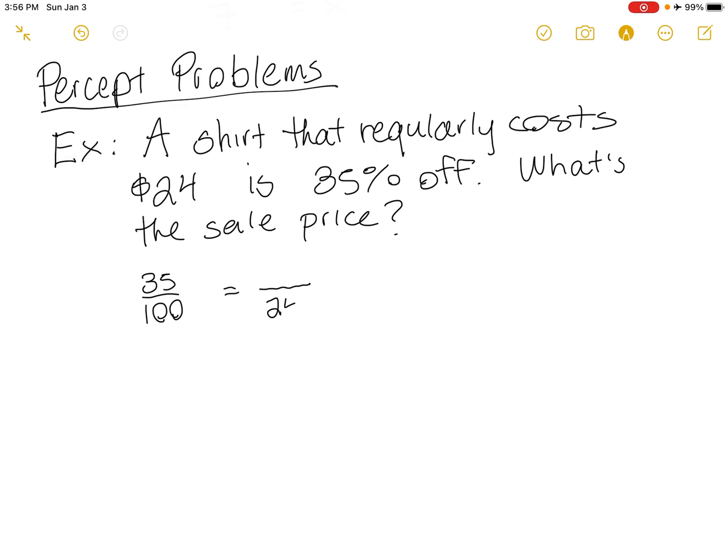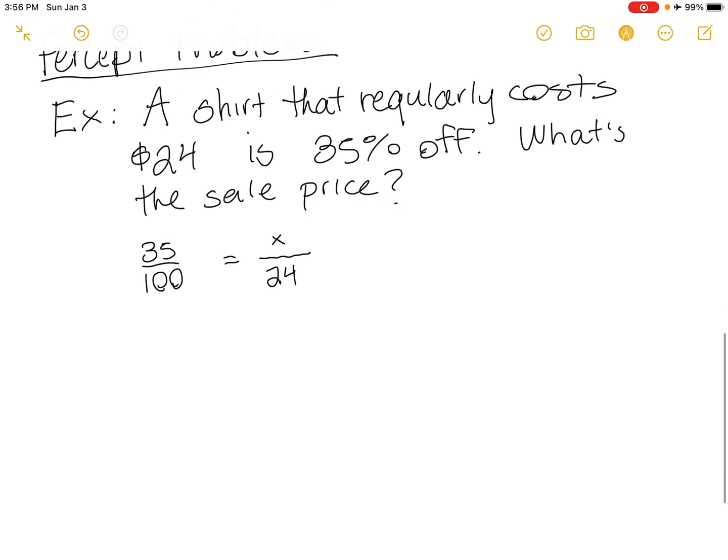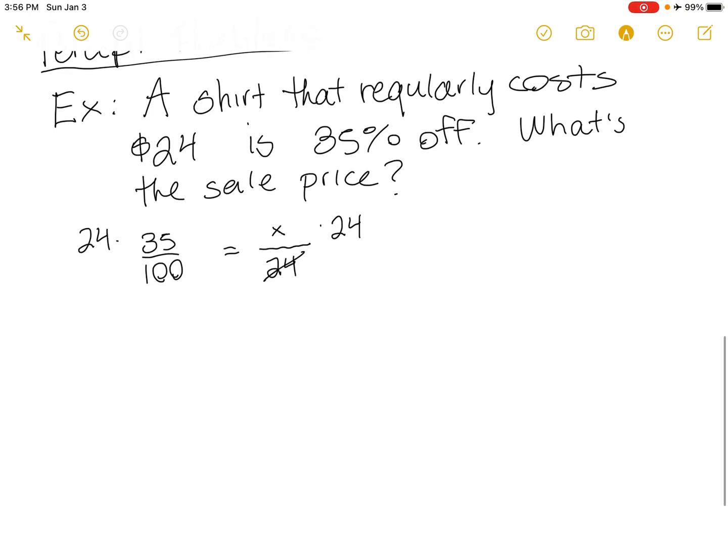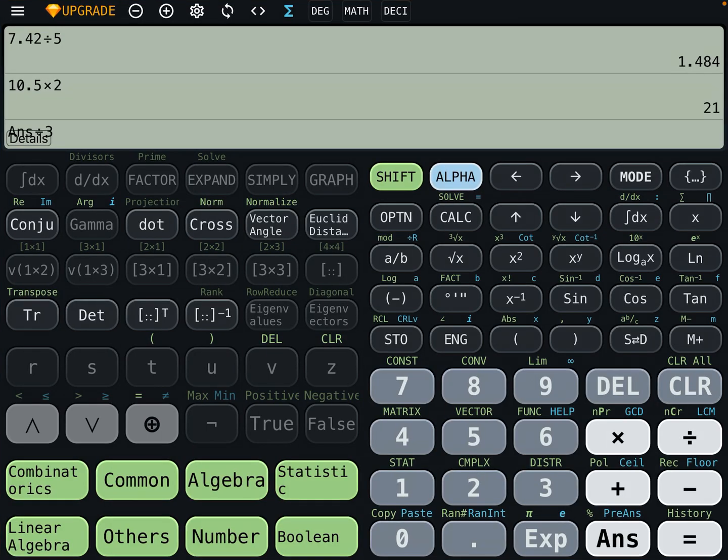So that goes with the 100, right? What we're looking for is the 35%. So that goes in the numerator, okay? That's why this is an application of proportional reasoning. So it's the same type of question that we were doing above. Now, how do we solve for this? Well, we multiply both sides by 24. Because we're dividing by 24, these cancel, and we get x equals 24 times 35 divided by 100.